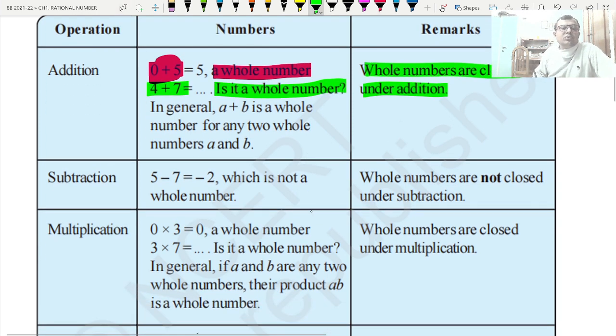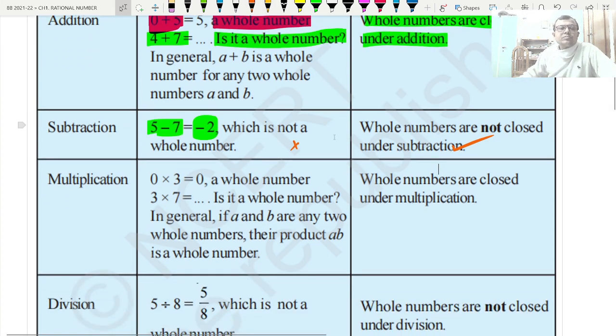Okay. Now let us see subtraction. If you take any two whole numbers and subtract one from the other, the difference can be -2. Is it a whole number? No, it is not a whole number. So whole numbers are not closed under subtraction. Alright. Let us see multiplication.